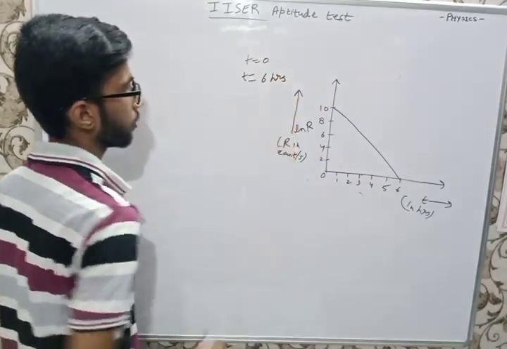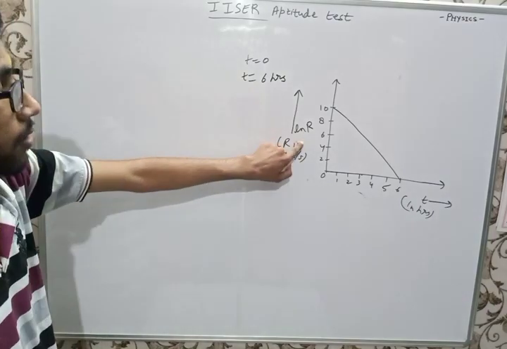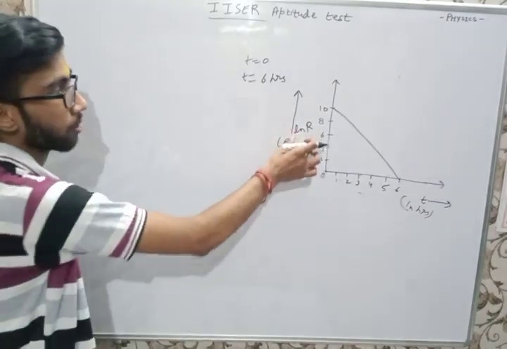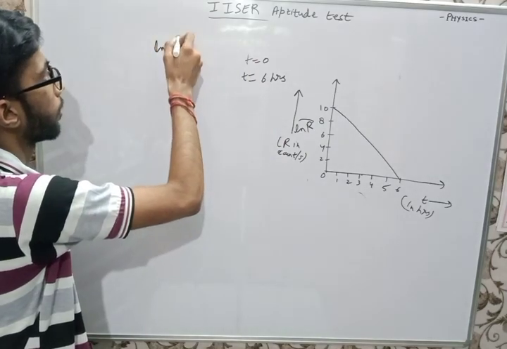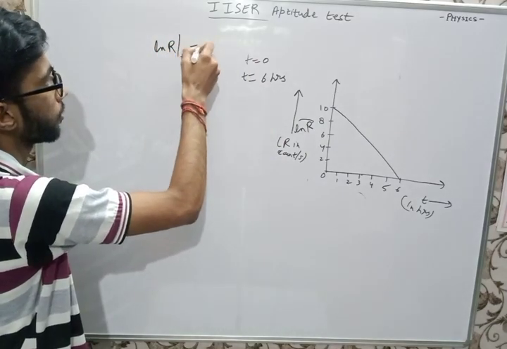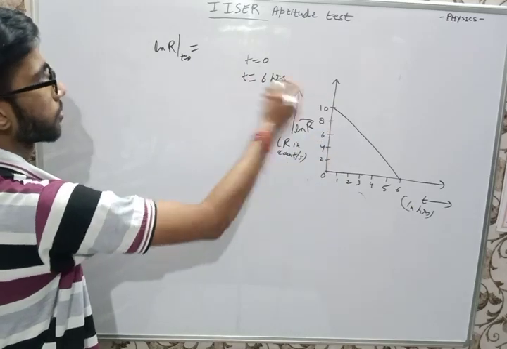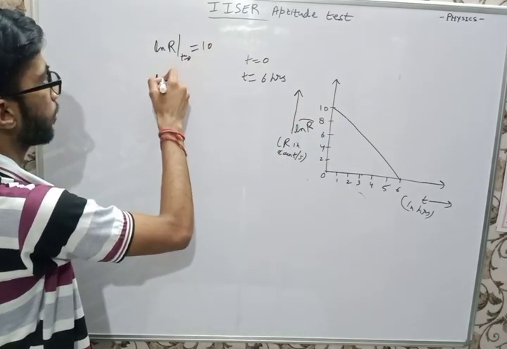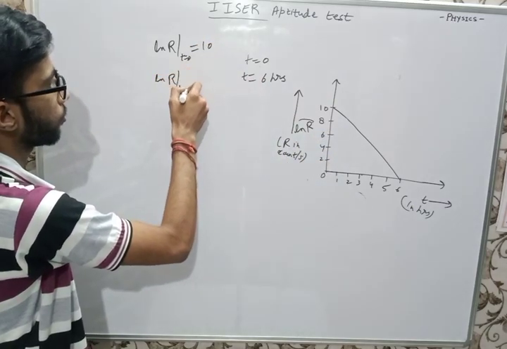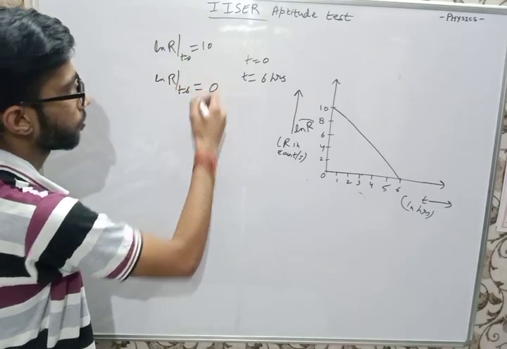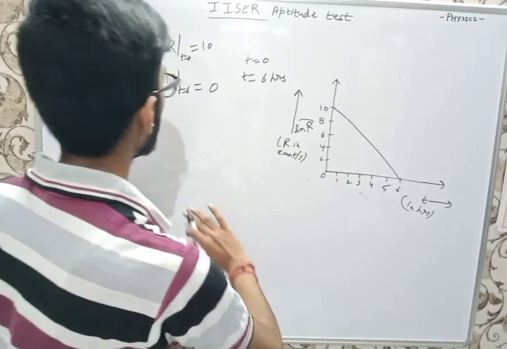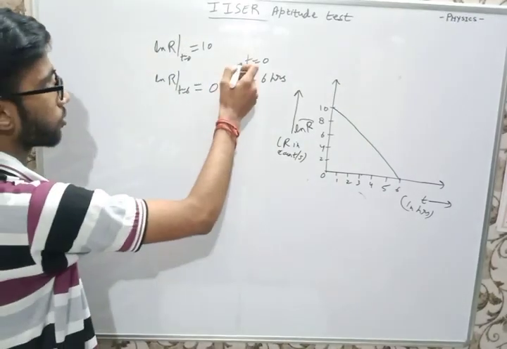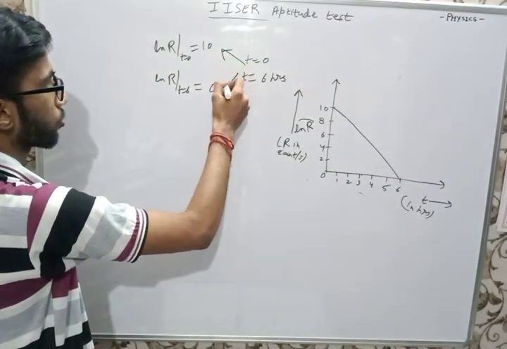Be careful, the corresponding values are of ln R, not R. So ln R at t equal to 0 is 10, and ln R at t equal to 6 is simply 0. This corresponds to this and this corresponds to this.